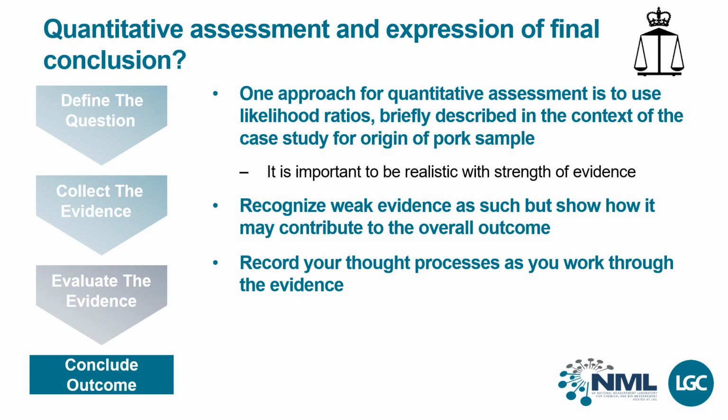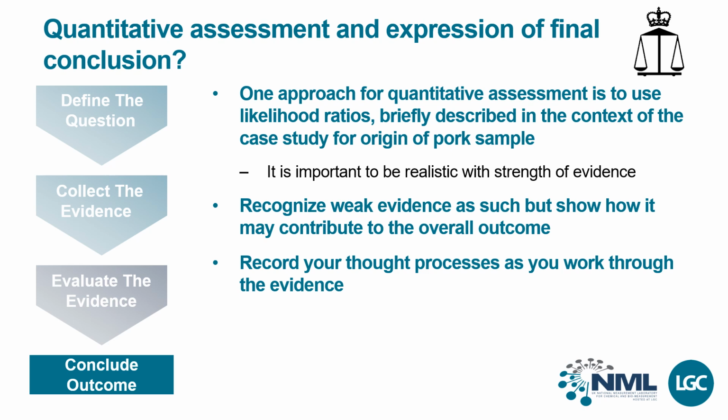The likelihood ratio is calculated as the ratio of the two probabilities, in this case 0.55 divided by 0.40, giving a result of 1.4, rounded. A standard scale can then be used to describe how likely the first proposition is supported against the second. In this instance, there's a very weak support for the proposition.